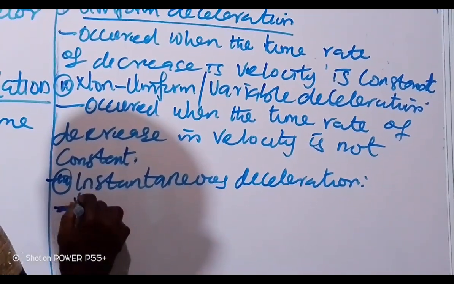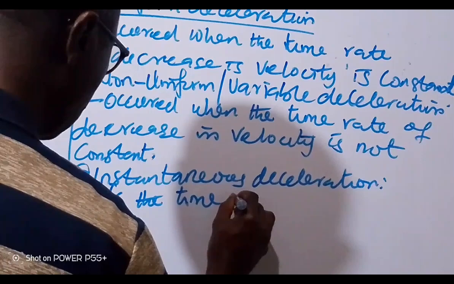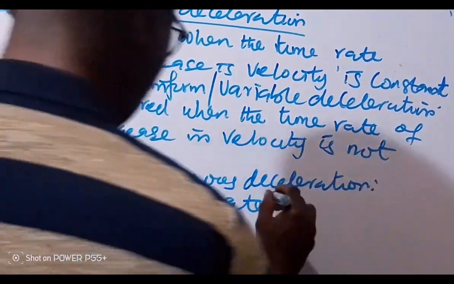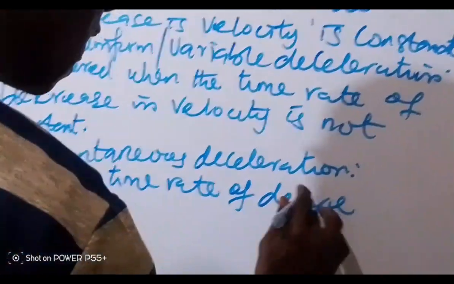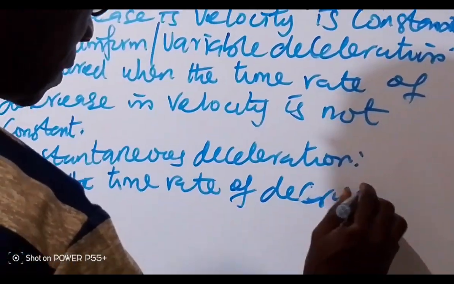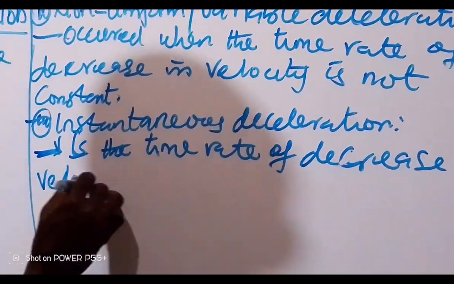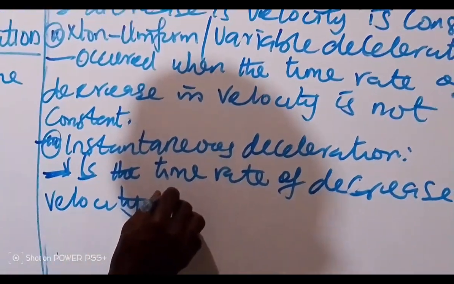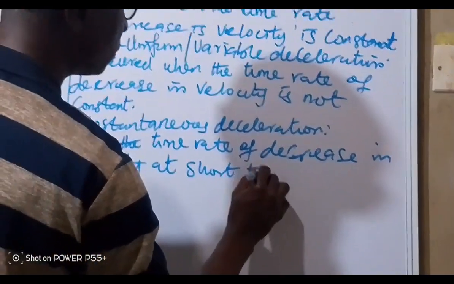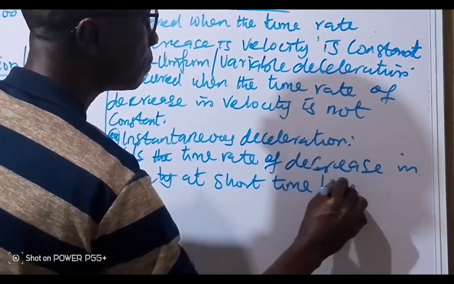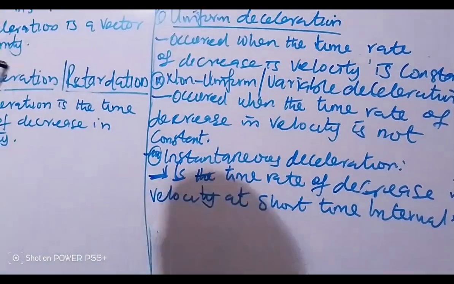Instantaneous deceleration is the time rate of decrease in velocity at short time interval, like that of acceleration.